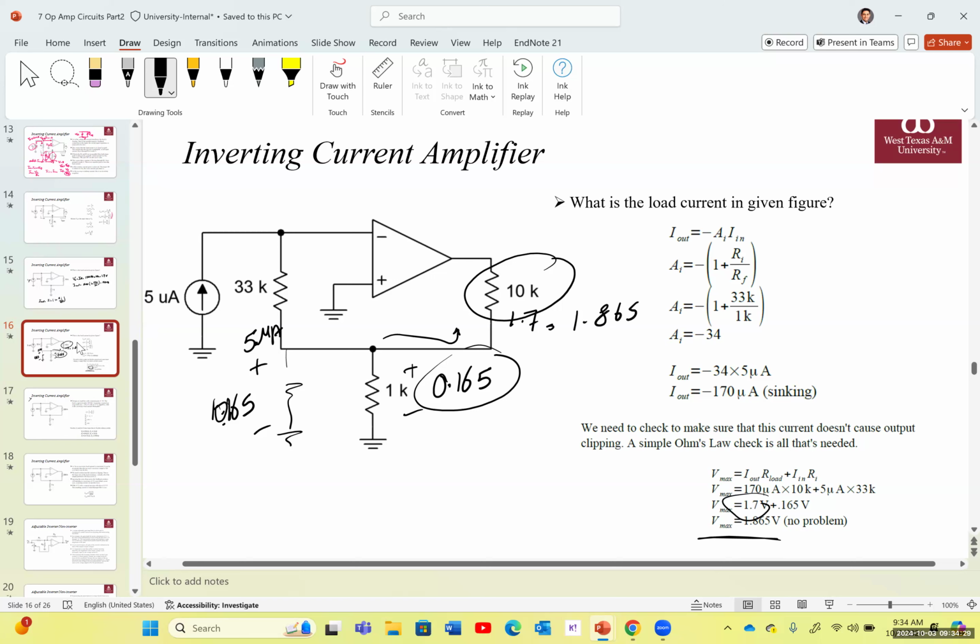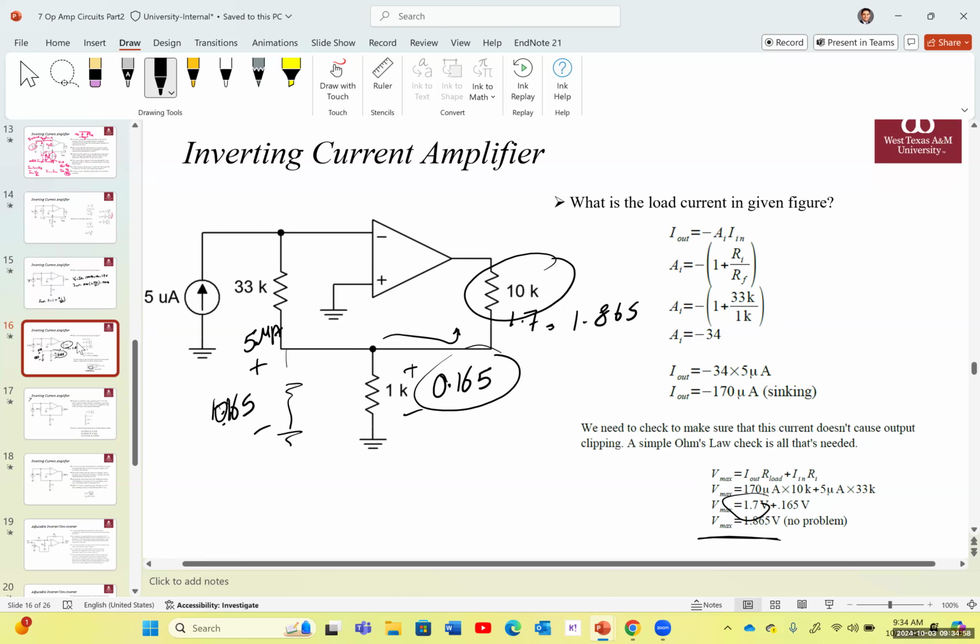In a current amplifier, we must be careful not to saturate the op-amp, because if the op-amp voltage is saturated, the current would also be capped and saturated, and we won't get the current that we are looking for. There are some ways to overcome this issue, which I'm going to explain later today.